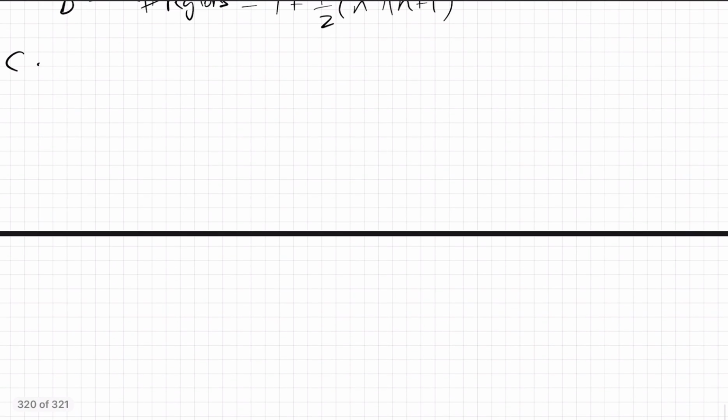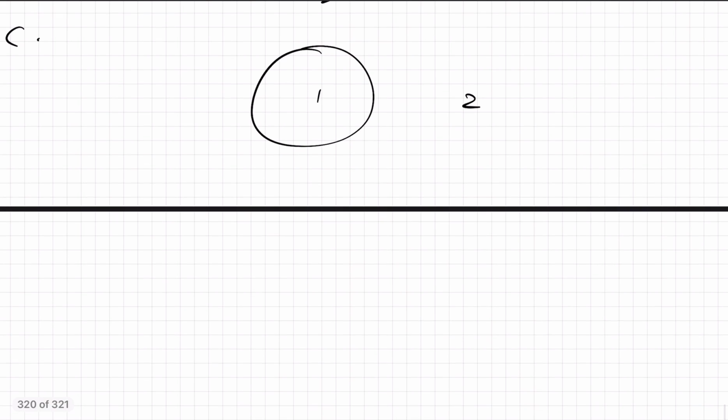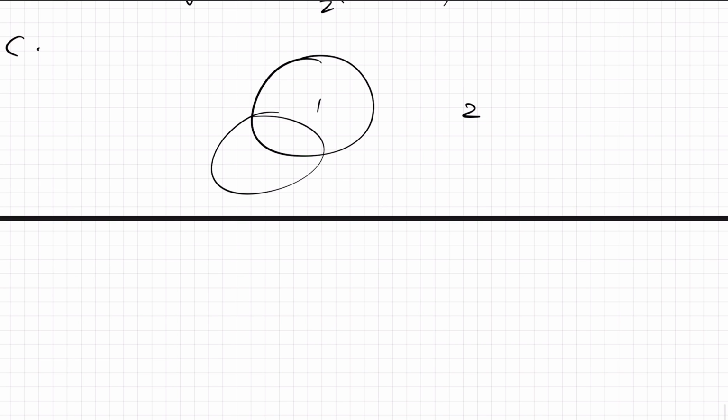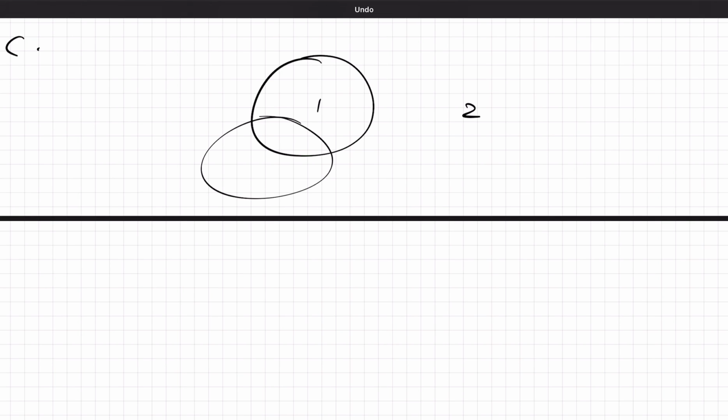Okay, let's see. So if we start off with one circle, that gives us 2 regions. Now with 3 circles, I suppose we're still trying to maximize the number of intersection points. So here, when we draw our second circle in, we need to ensure we maximize the number of intersection points.